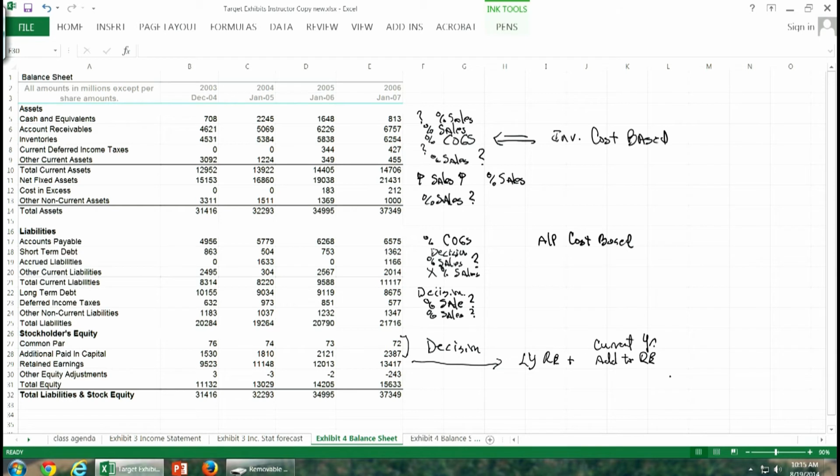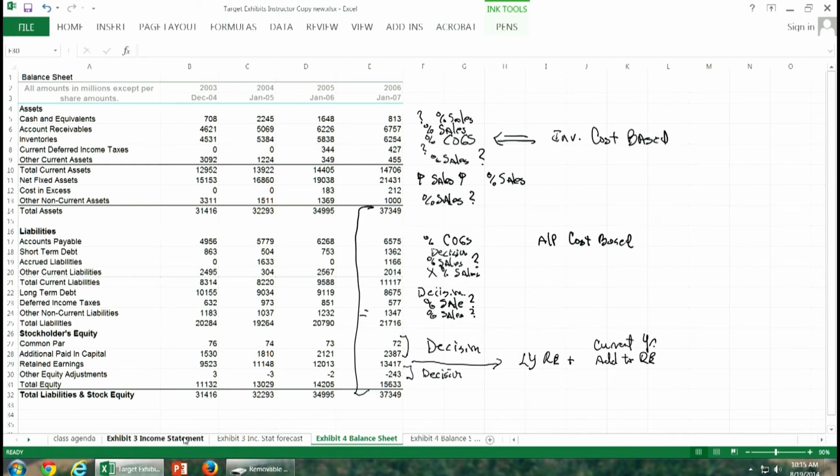And then we go down here, and these other things, this would be a decision variable. I'm not really even sure what's in there, but it's a decision variable of the firm. We have the total, and again, each year, assets and liabilities have to be equal. So that's one of the things that's going to be determined when we start doing the forecast.